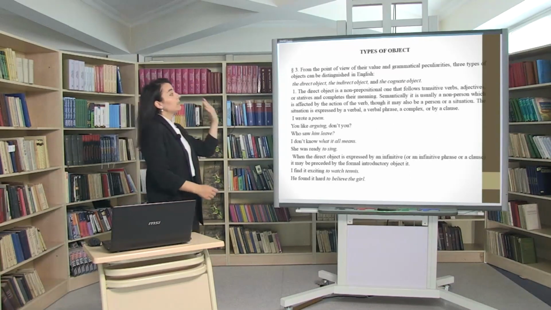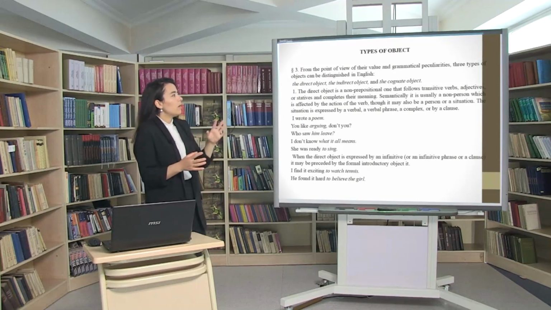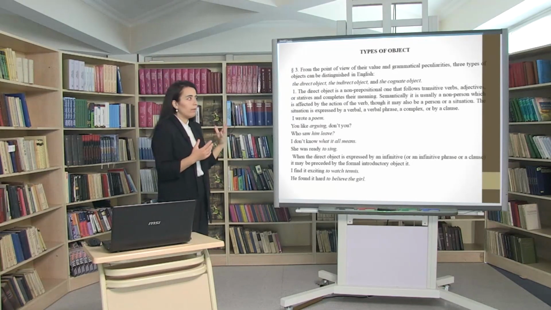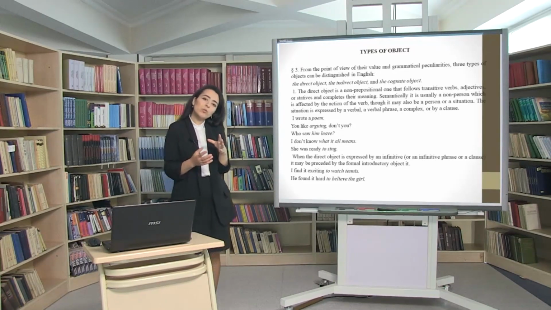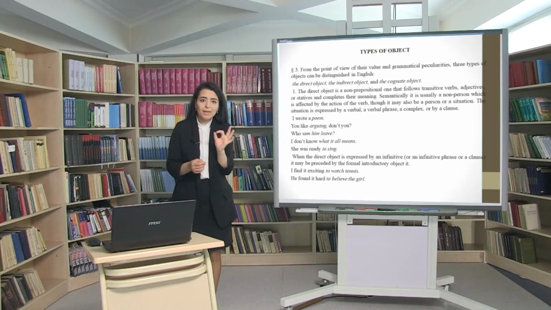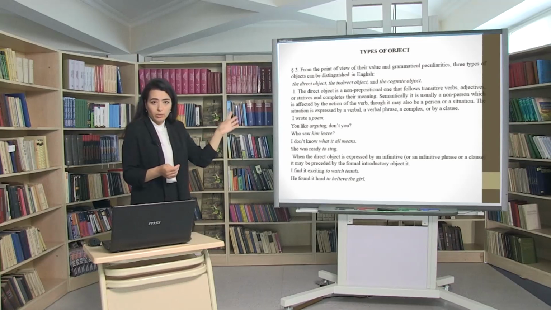Now let's begin to speak about types of object from the point of view of their value and grammatical peculiarities. The types of objects are three: direct object, indirect object, and cognate object. First of all, I'd like to speak about direct object.